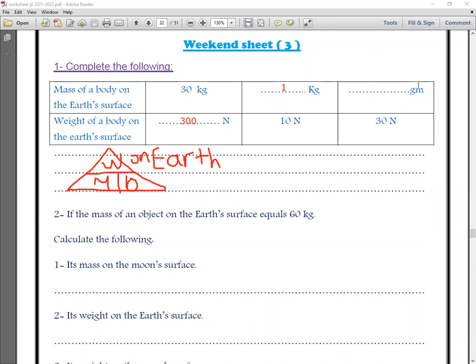But I need to convert it into grams, so I must multiply 3 times 1,000 to convert it into grams. That equals 3,000 grams.